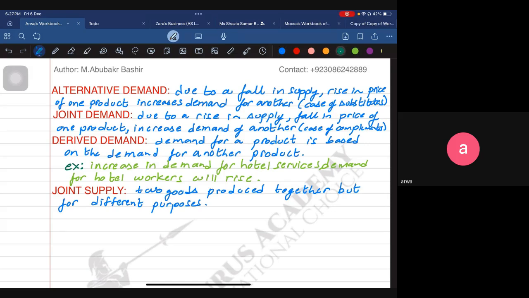And we have the example here. Let's say there's one example of soya bean as well that is processed for human consumption and also used in animal feed.